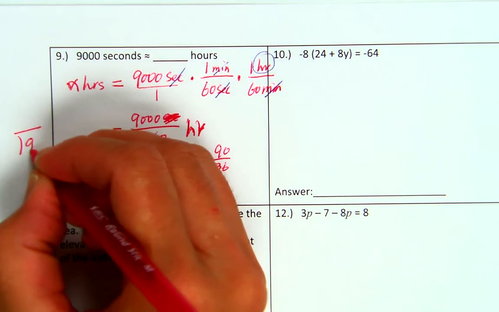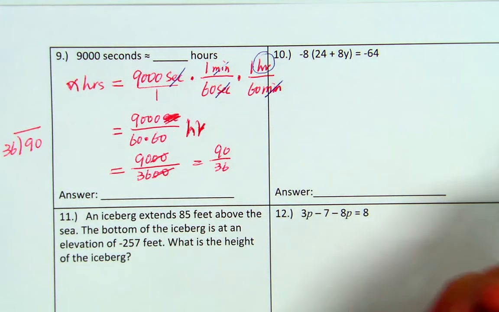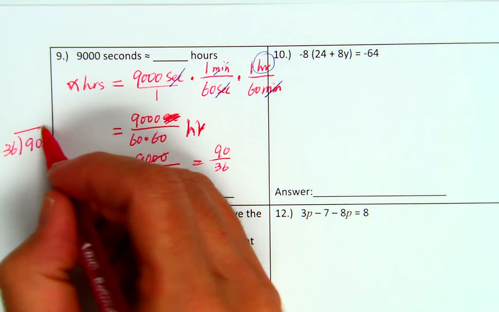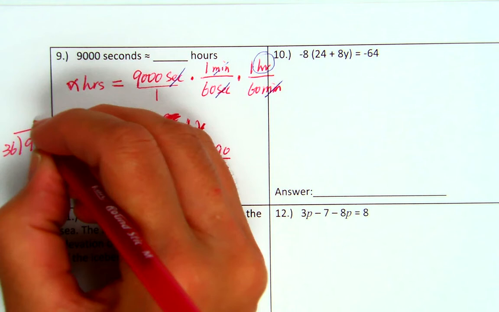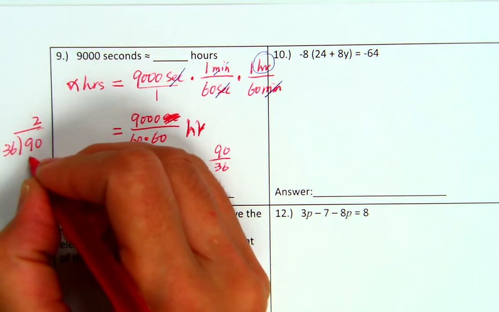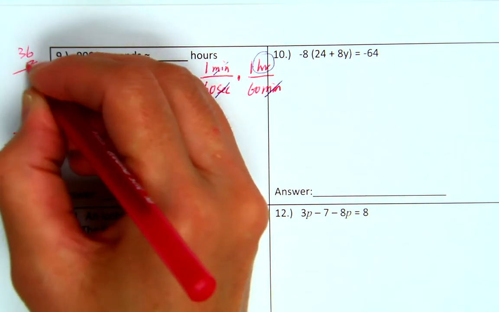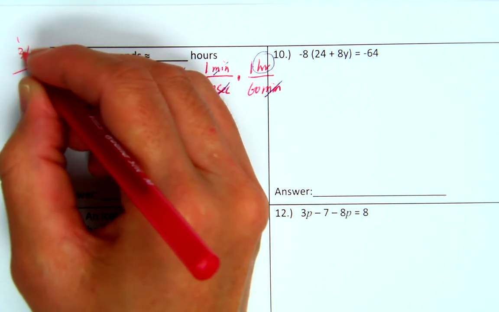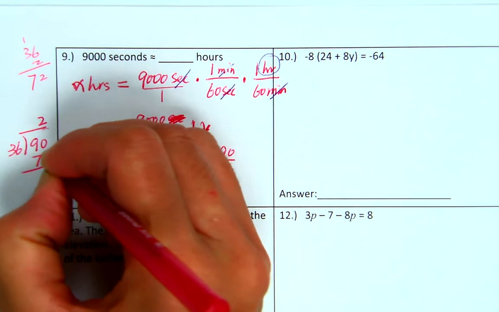So if you set it up on the side, 90 divided by 36, let's estimate. If I put 3 times 36 it would be too big, because 3 times 30 is already 90. So I'll put 2 times 36. If I can't do mental math, I can set it up. 2 times 6 is 12. 2 times 3 is 6, 72.